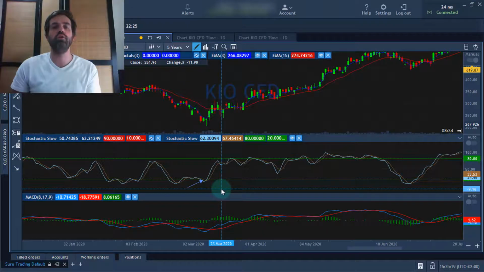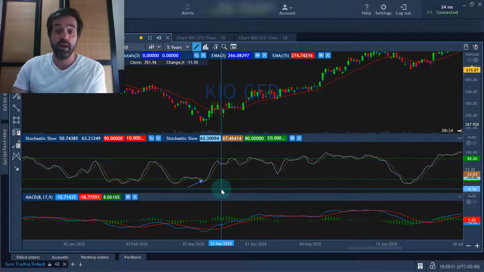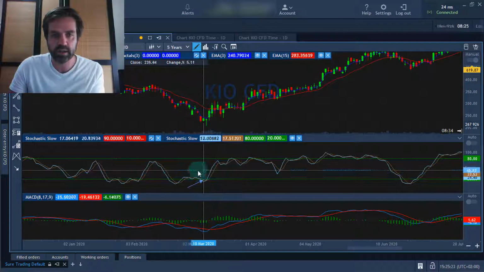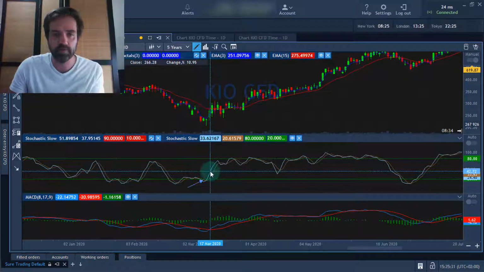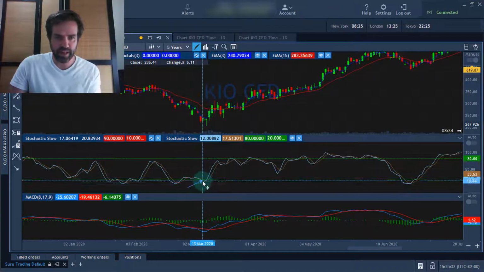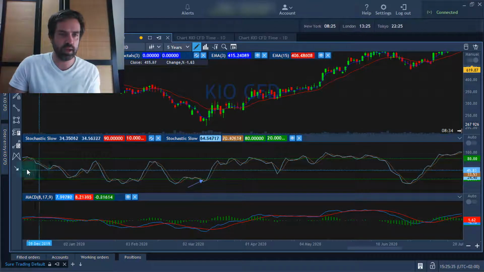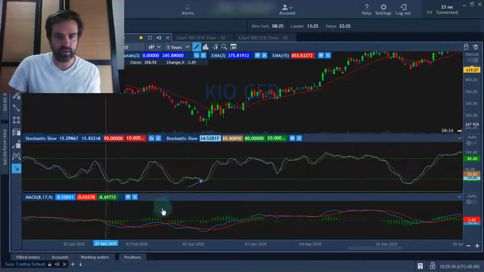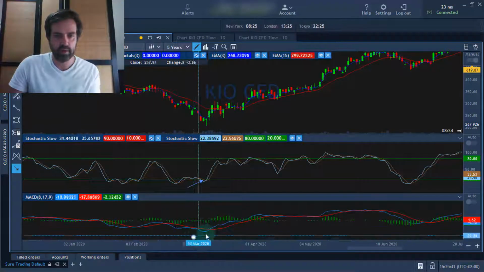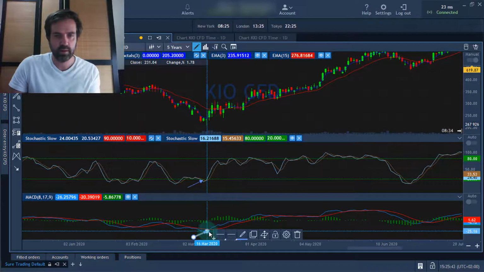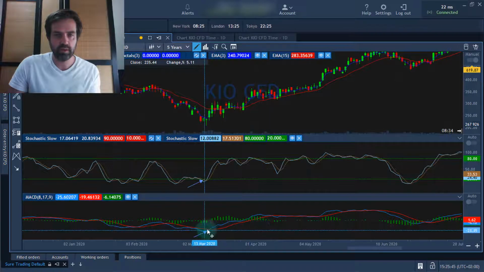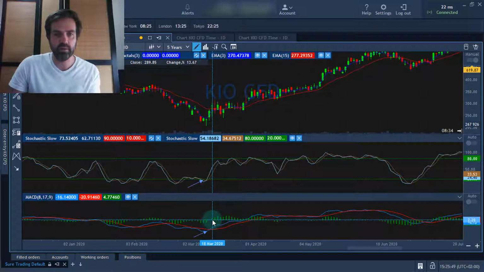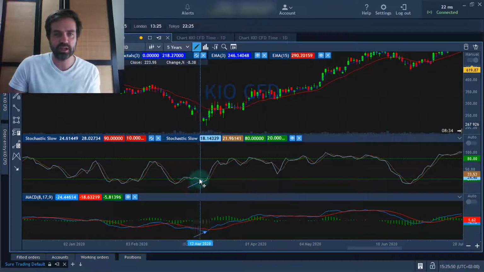So it was in an oversold position, and it's now crossing upwards through this 20 line, which is an indication that it's possibly going to make a reversal. So that's the first indication over there. If we go a few days on, we see that the MACD then crossed upwards over there. So these 2 lines crossed and the histogram went above the 0 line. So that's the second indication.